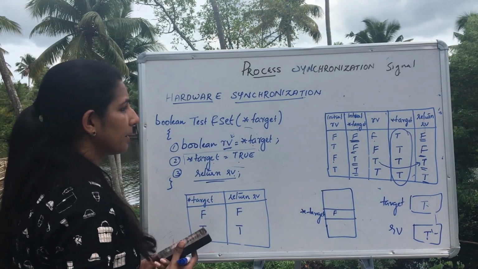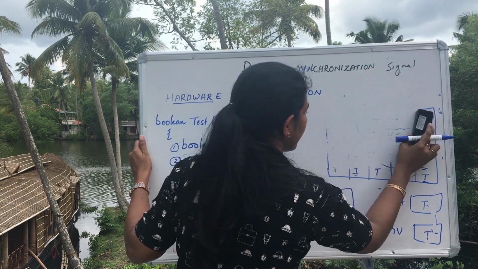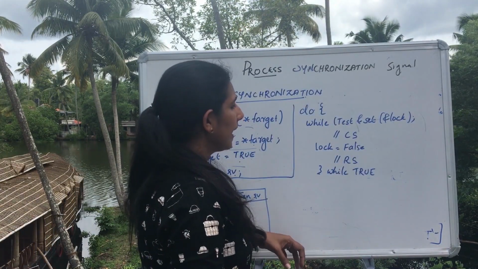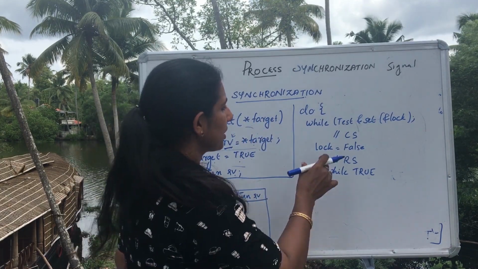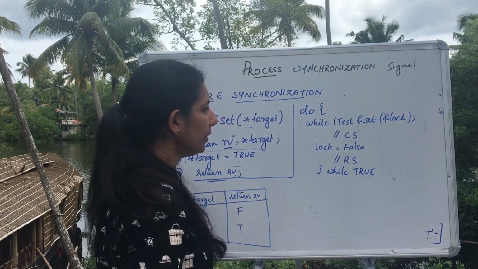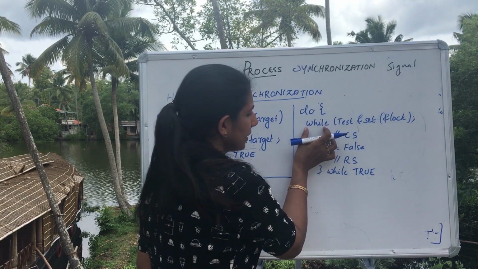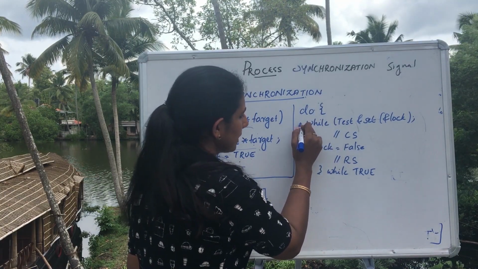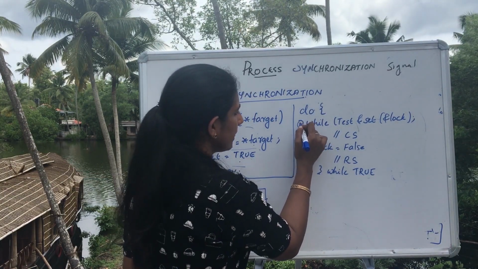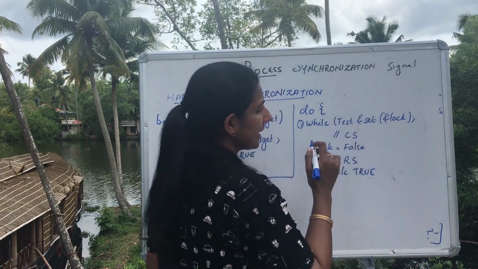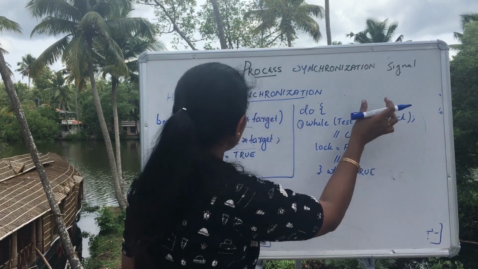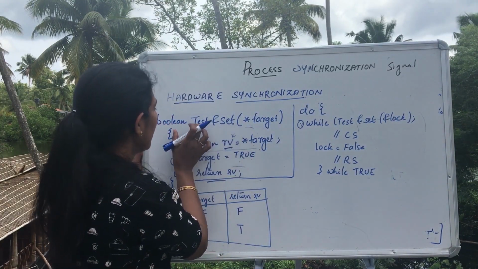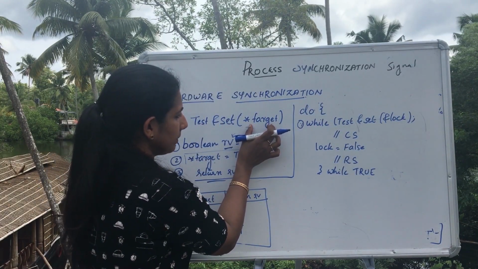In the implementation part, a process has to execute the following code. Any process that wants to access the critical section has to run this particular code. First it runs line number 1, saying while test and set and lock. So whenever I call test and set and lock, it will call this particular function, Boolean test and set and pointer target.